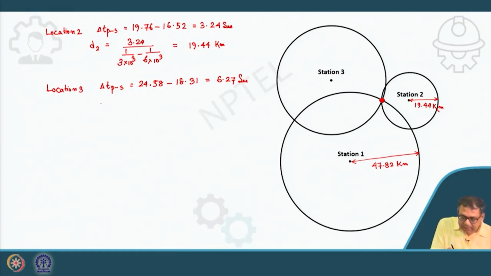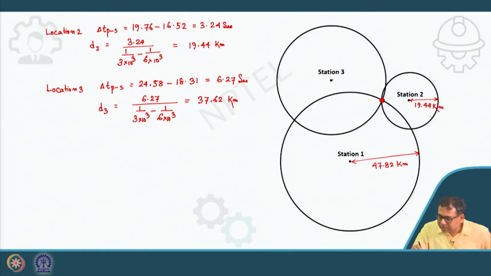Okay. And D3 will be equal to 6.27 seconds divided by 1 by 3 into 10 to the power 3 minus 1 by 6 into 10 to the power 3. So that will be equal to 37.62 kilometers.